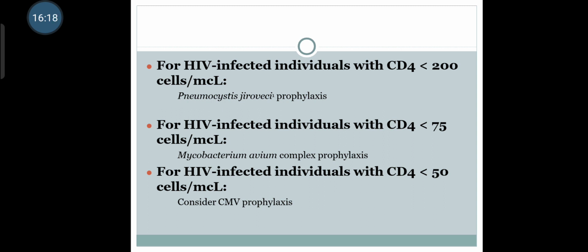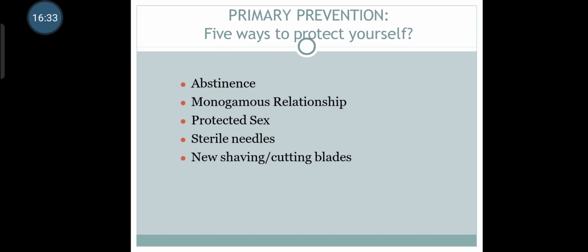Then for HIV infected individuals with CD4 count even lower, less than 50 cells per microliter, cytomegalovirus prophylactic treatment can be given. So prevention is better than cure for the avoidance of HIV.